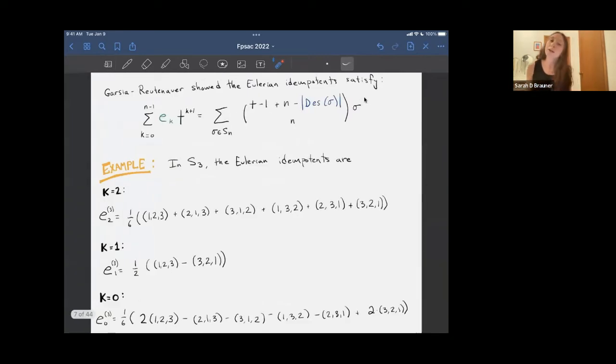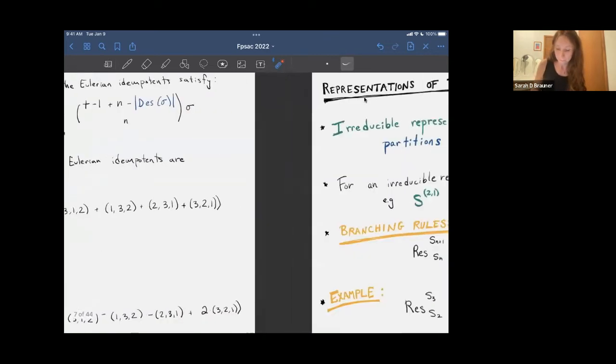These Eulerian idempotents satisfy a really nice generating function, which was also proved by Garcia and Reutenauer. It looks like this. And if I were to expand this generating function out, in the case of S3, I would get these 3 elements of the group algebra of Sn. So these are my 3 Eulerian idempotents in the case that n is 3.